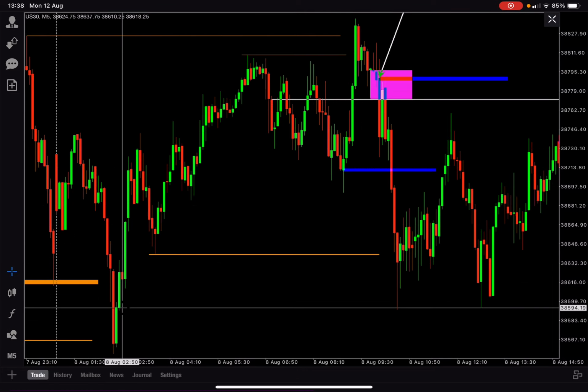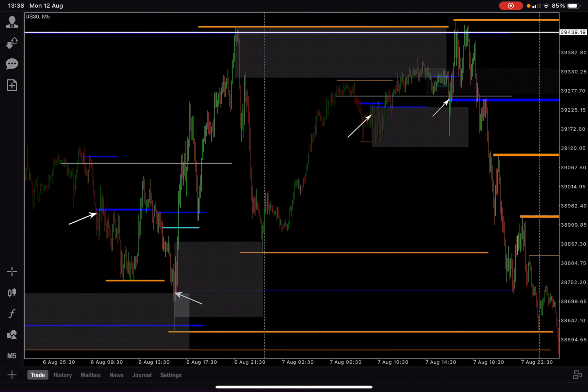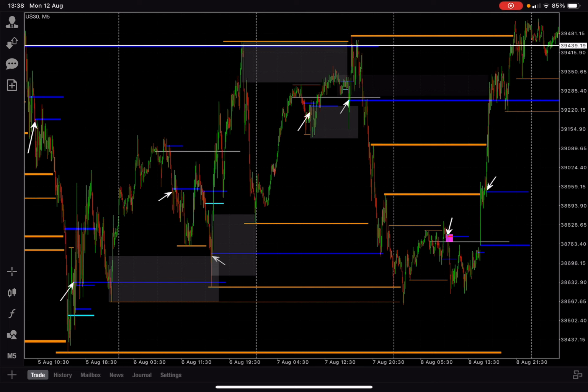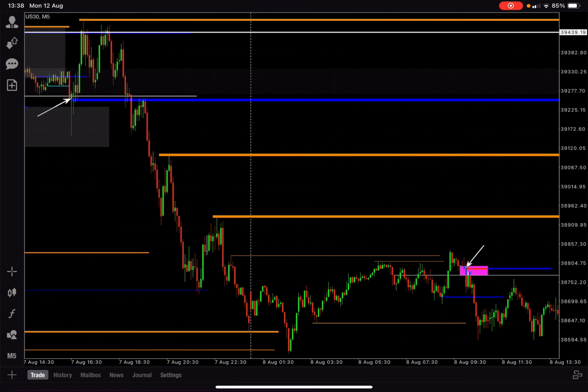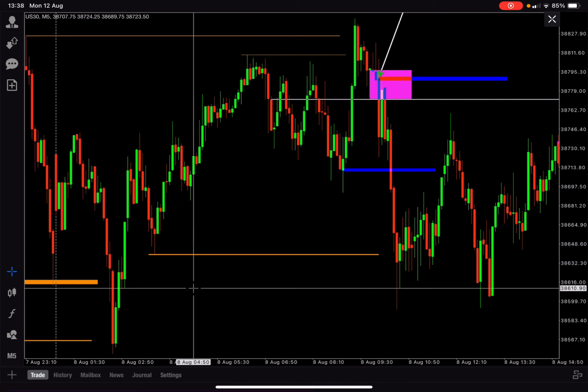This would be the discounted buy area from the day before, because that took a major low. It took this previous day low and this low. So this is a major swing. So this could be seen as an Asian session discount buy area. Not a strong one, but it could be.